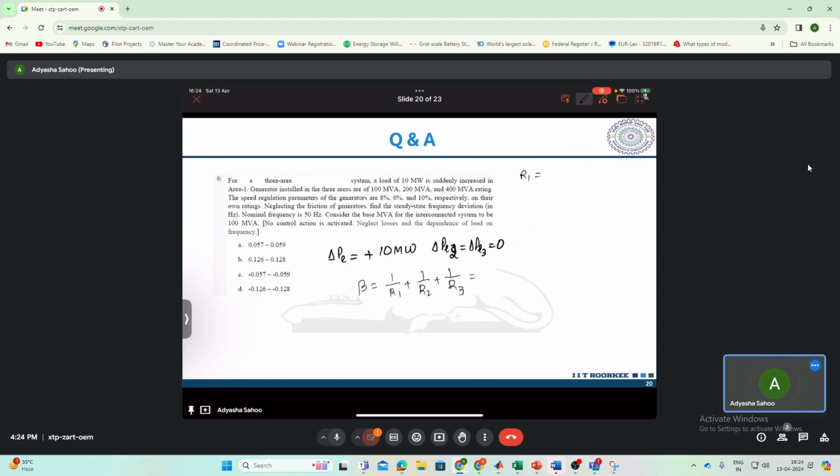So basically R1 is 0.08 per unit on 100 MVA. So let us keep that fixed. R2 is 0.06.